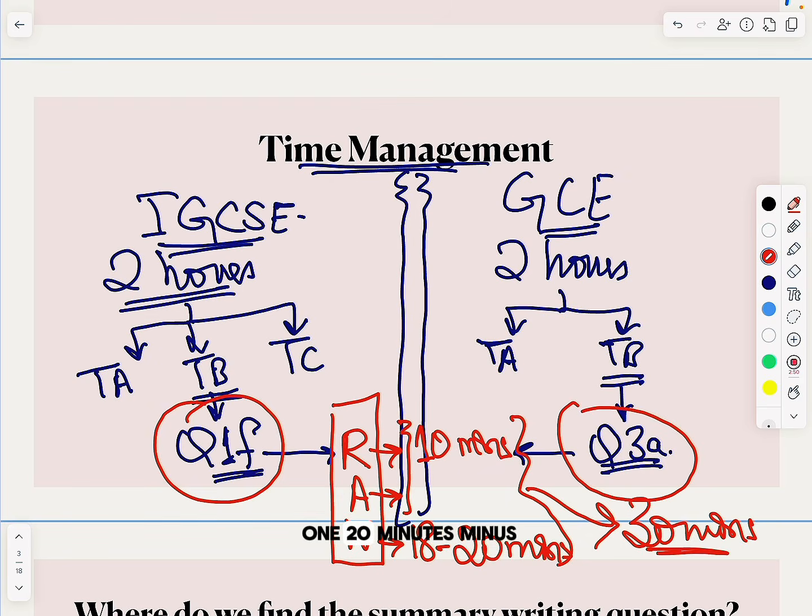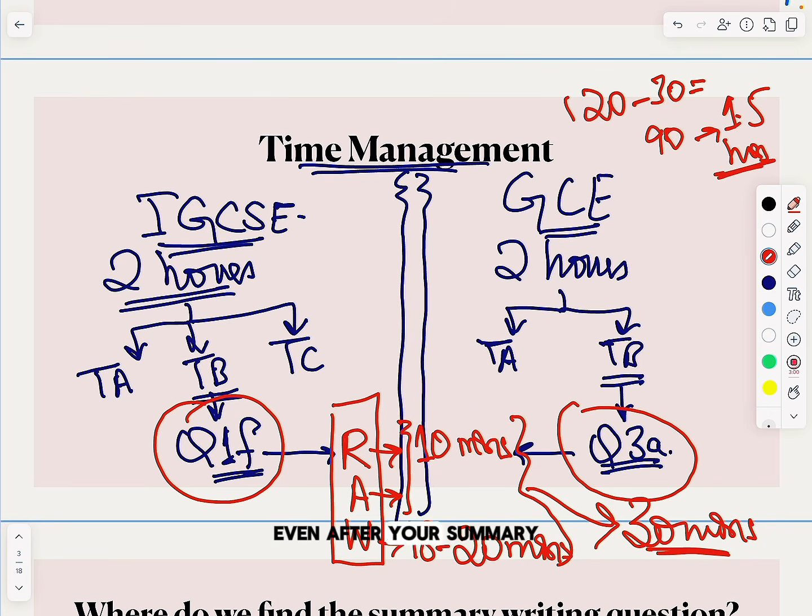Now 120 minutes minus 30 is equal to 90 minutes. You are going to be left over with 1.5 hours even after your summary writing question has been taken care of. So this is just a general time division that you have to keep in mind. Please don't forget RAW. We'll come to that in a bit. Let's move forward.